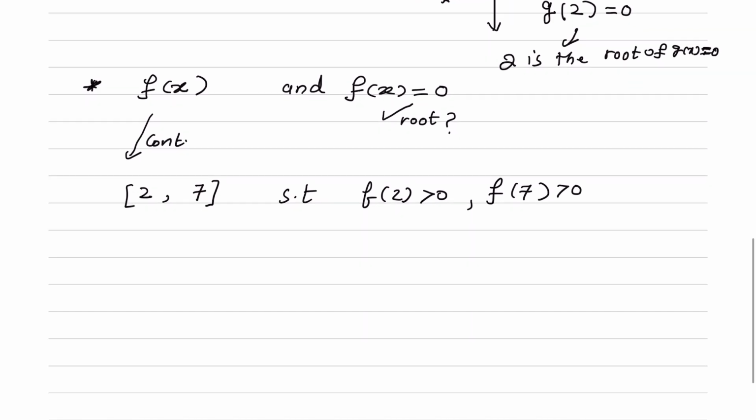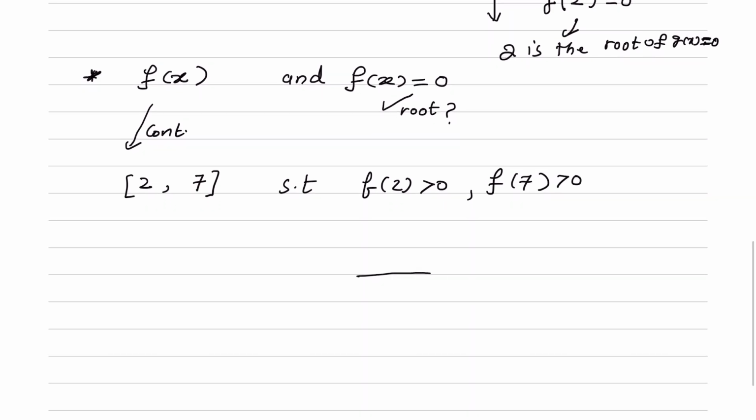This is just one case. Now if we roughly get the sketch from the given information, on the x-axis we have 2 and 7, and f at 2 is positive somewhere here, and f at 7 is also positive, maybe somewhere here.